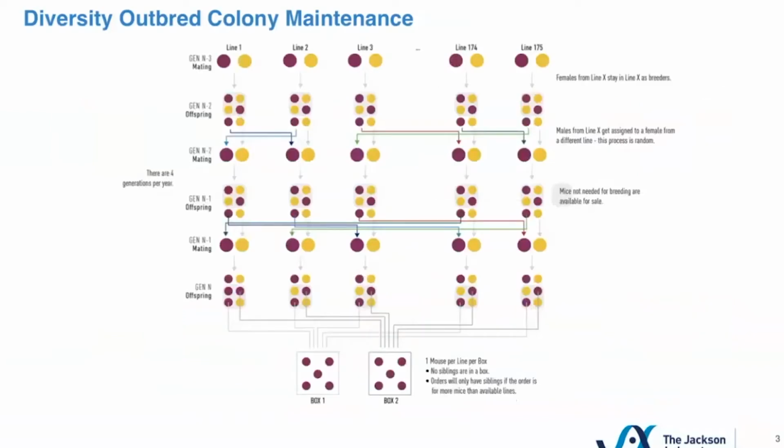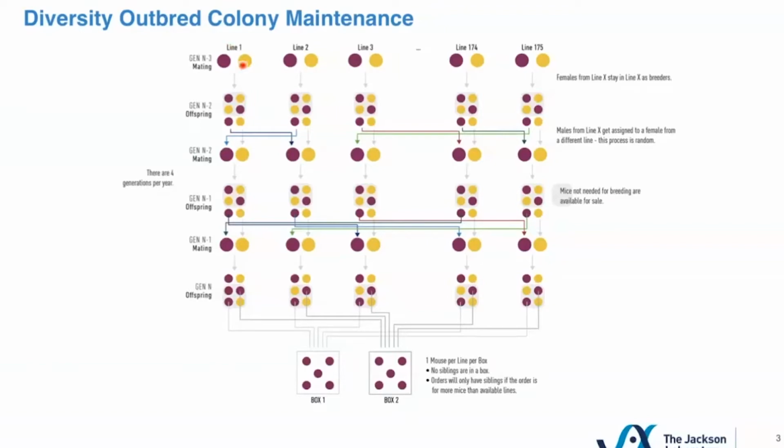So this is a little bit more of the nitty-gritty of how we maintain this colony at the Jackson Lab. Essentially, for this entire population, we maintain them through 175 breeding pairs each generation.